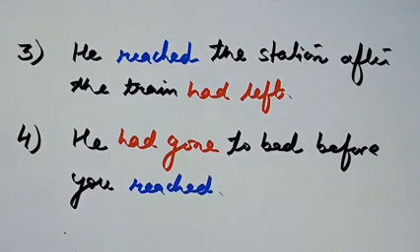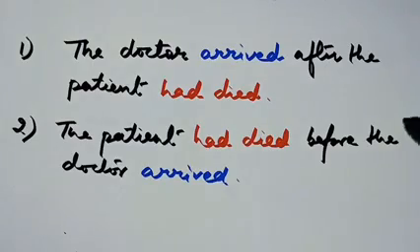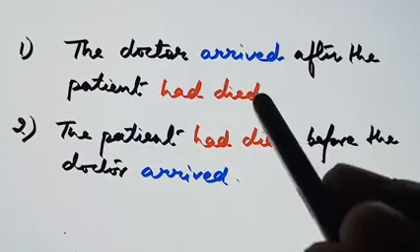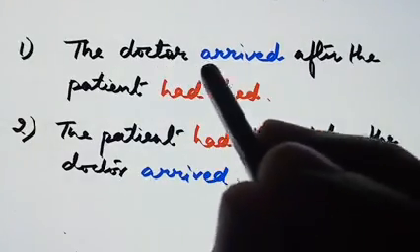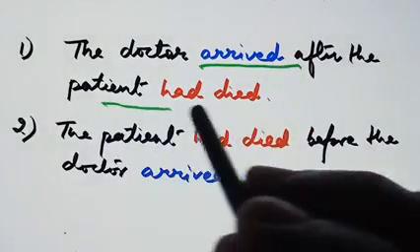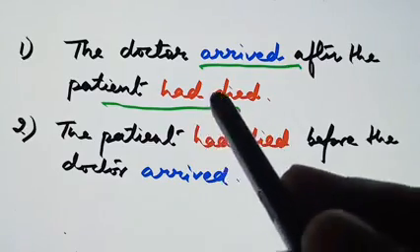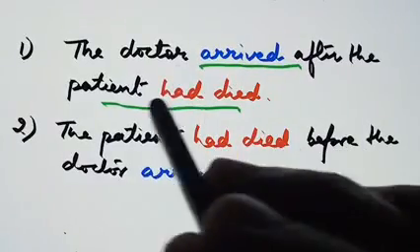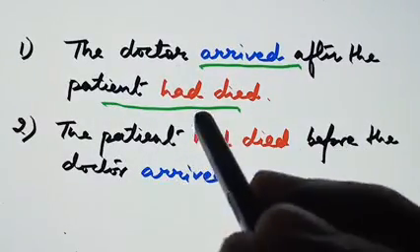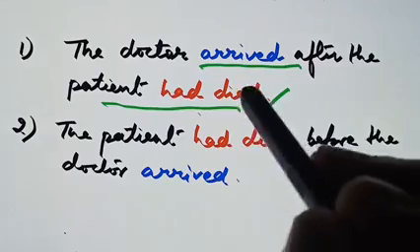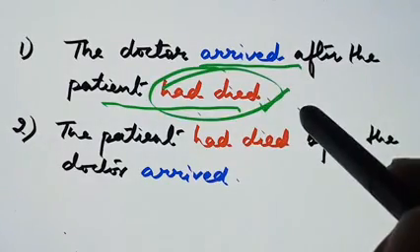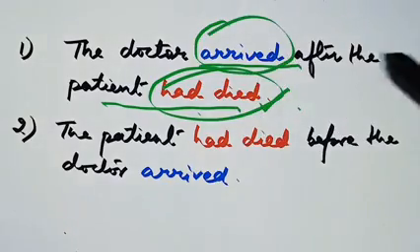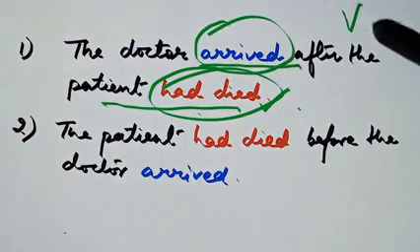So we see in these four sentences that two actions have taken place, like the doctor's arrival and the patient's dying, because the patient had already died before the doctor's arrival. So with the action of the patient dying we will use past perfect, and the doctor arrived, this action took place later on, so we will use only simple past.